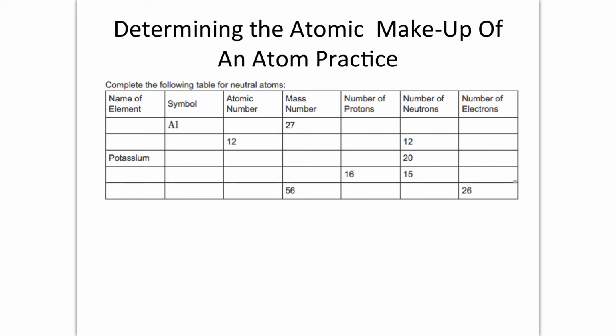So let's see which boxes are related, right? So we're gonna tie the ones that are related. The first ones that we're going to tie together are the atomic number, the number of protons, and the number of electrons. In each one of these cases, the atomic number equals the number of protons, which equals the number of electrons.